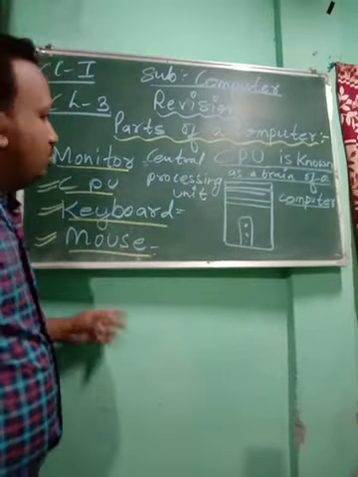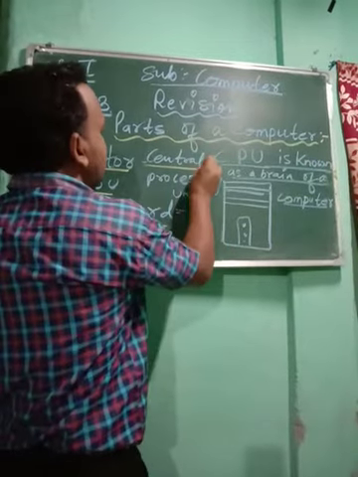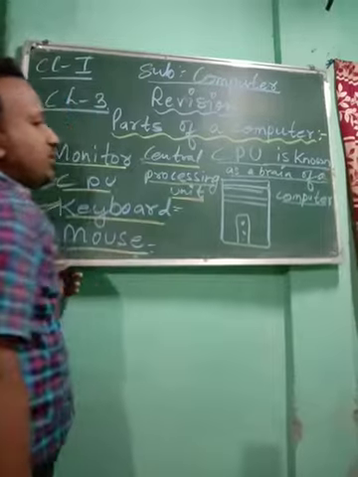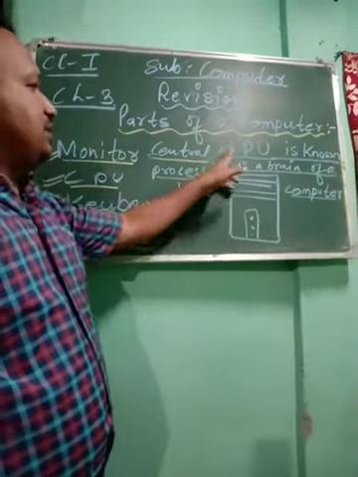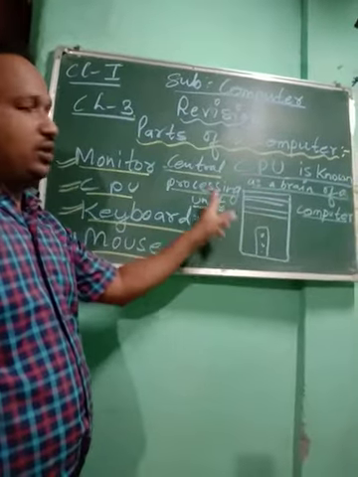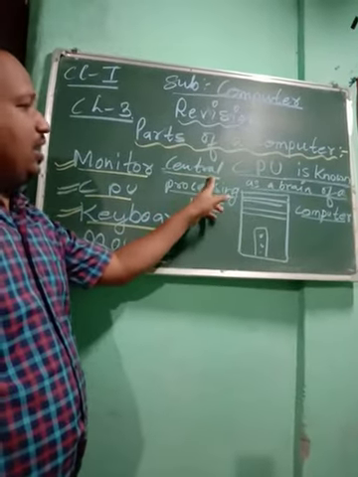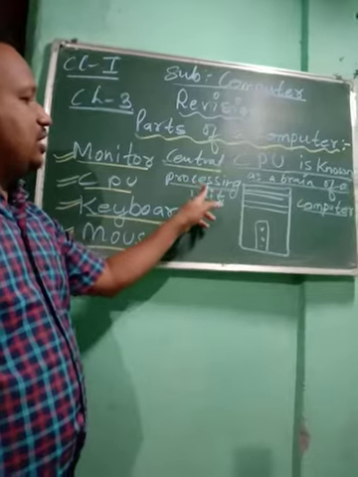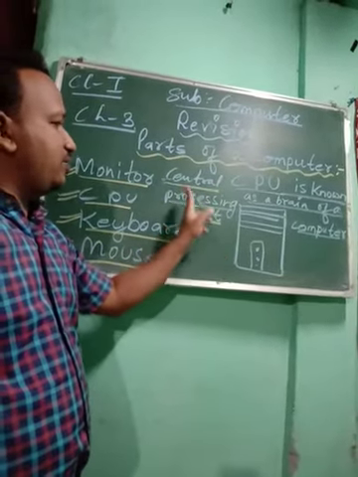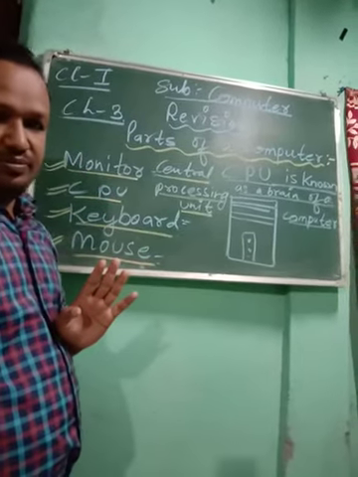So C stands for central, P stands for processing, U stands for unit. Central, processing, unit, central processing unit.